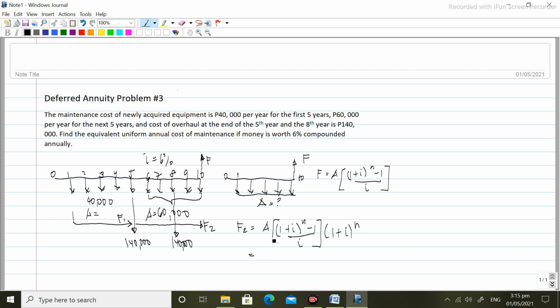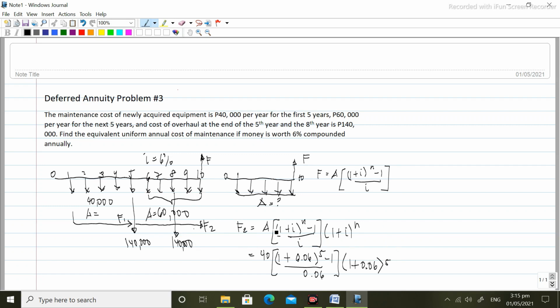Okay, substitute natin yung A. So, 40,000 times 1 plus interest rate na 6%, so 0.06 raised to 5 years, minus 1 divided by 0.06. And then times 1 plus the same, 0.06 raised to ilang years to. So, ito 1, 2, 3, 4, 5. So, 5 years din.